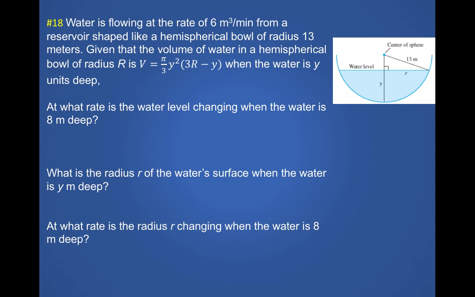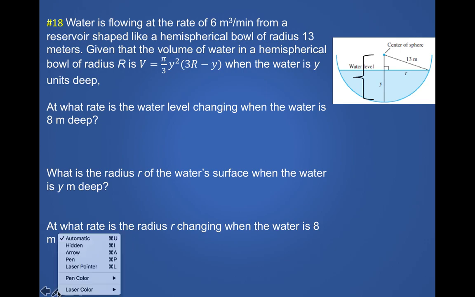And I like the problem because it does remind you about thinking about any pieces of the puzzle that are constant before calculus. So they give me this picture here. Water is flowing at a rate of 6 cubic meters per minute from a reservoir shaped like a hemisphere with a bowl of radius 13.